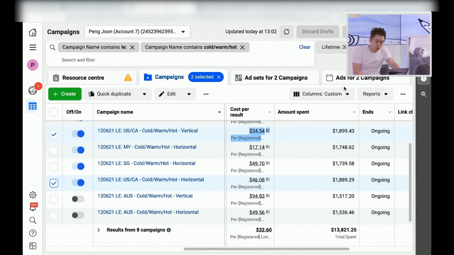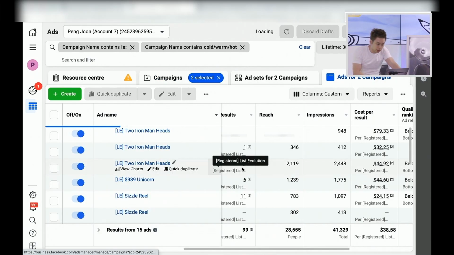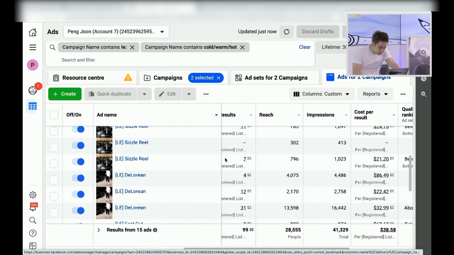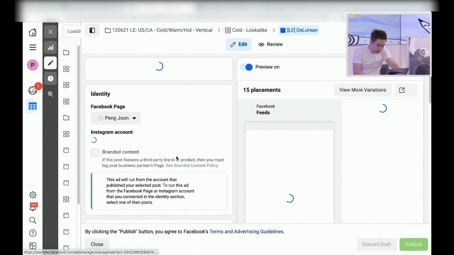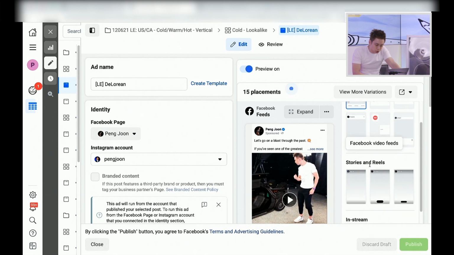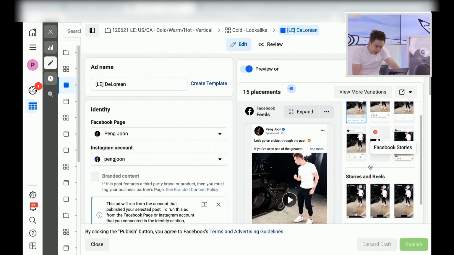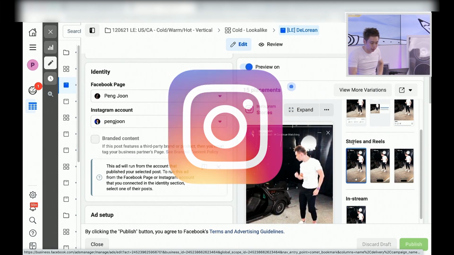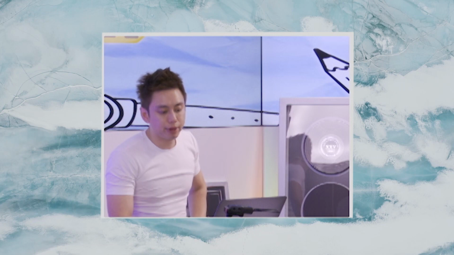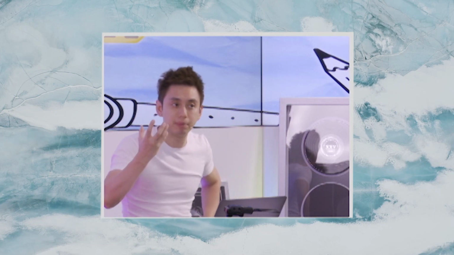Now, if I were to go to the ad over here so that you can see how it looks, you will see that some of these formats, for example this one, should be vertical format. So you'll notice that on a vertical format, it would look like this. If it appears on Instagram through Instagram stories, this is when it takes up the entire screen, okay?